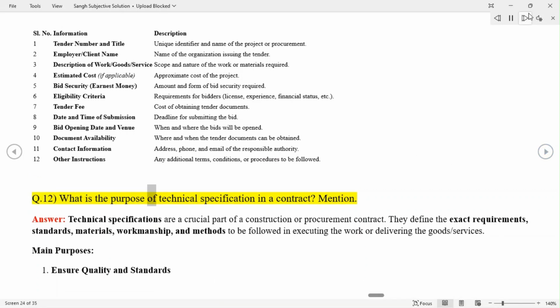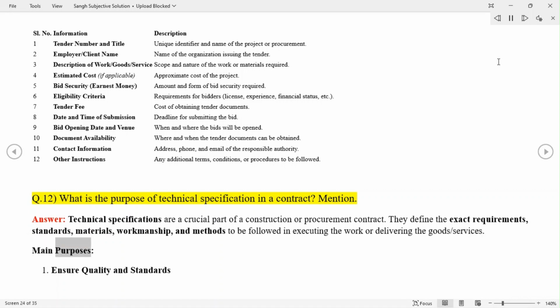What is the purpose of technical specification in a contract? Mention. Answer: technical specifications are a crucial part of a construction or procurement contract. They define the exact requirements, standards, materials, workmanship, and methods to be followed in executing the work or delivering the goods/services.